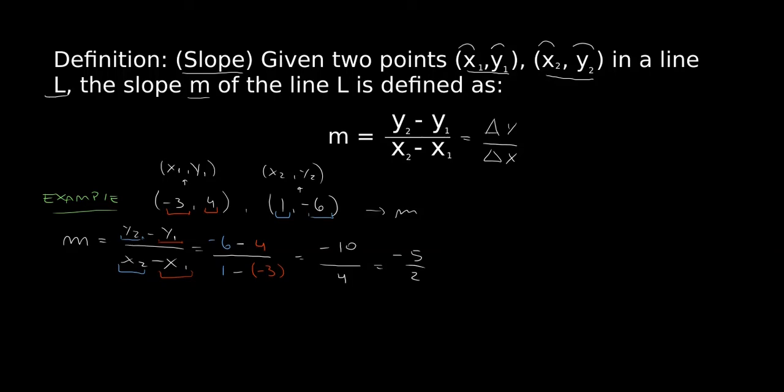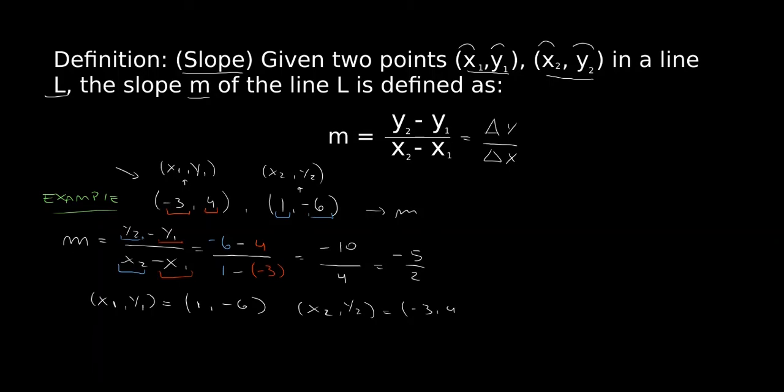And now you can ask yourselves, what if I hadn't defined my points like this? What if I had said that x1, y1 was going to be the other point, 1, minus 6, and x2, y2 was going to be minus 3, 4.